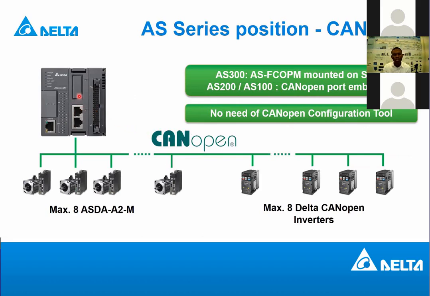But with this special CANopen mode, as we are going to demonstrate shortly, you don't need any special tools to configure the parameters. Once you enable that function, the drive is ready and your PLC is ready to control your slave in a very simple way. Even if you don't know the principles of using CANopen, you can easily control a CANopen drive using this special CANopen mode communication function in the AS PLC.